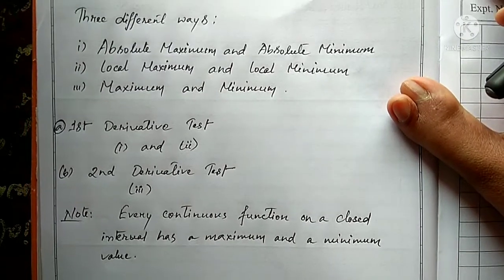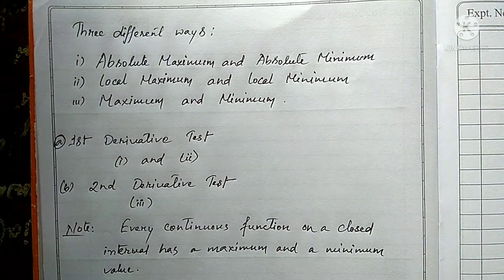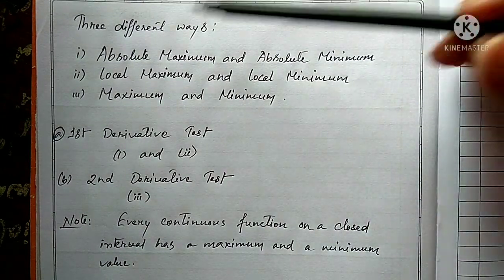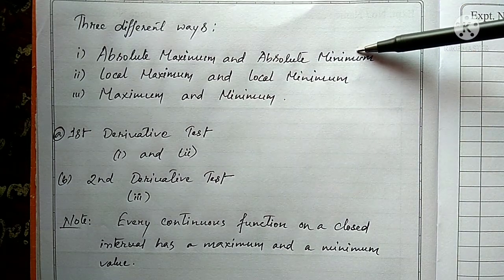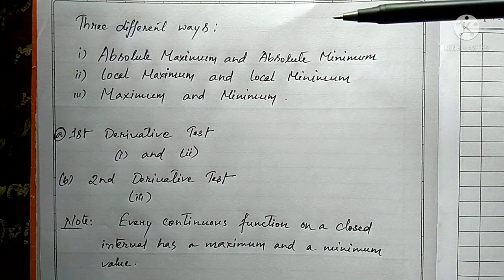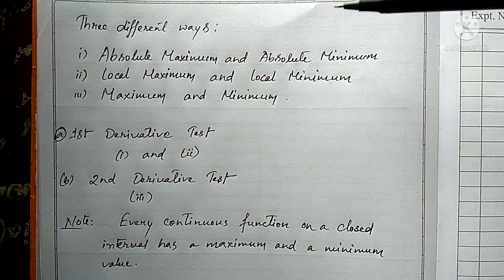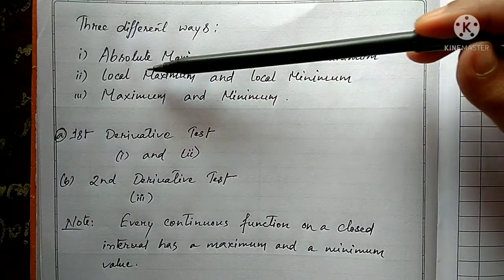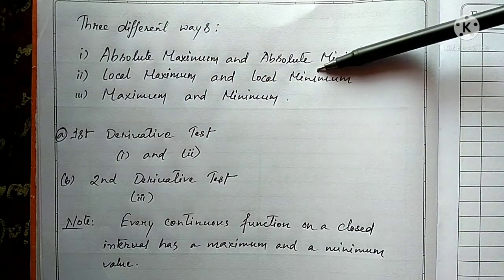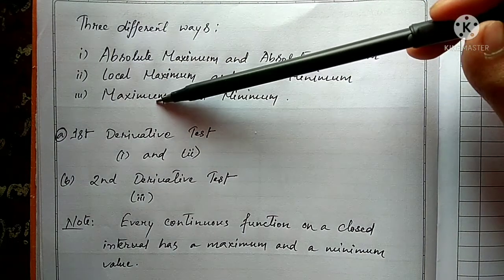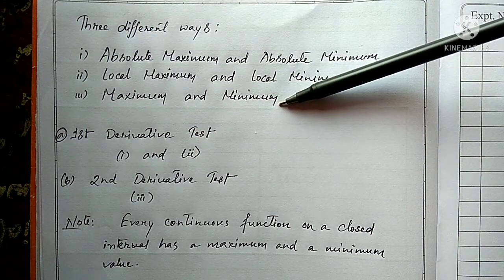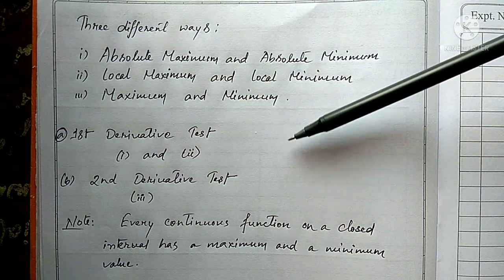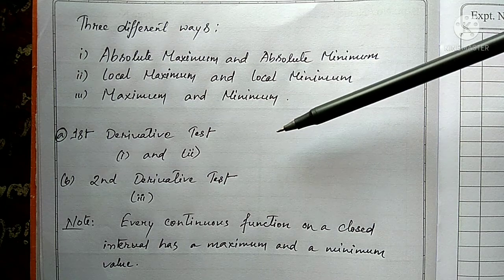The first one is absolute maximum and absolute minimum, the second one is local maxima and local minima, and the third one is simply maximum and minimum. Through these three methods we can find out the maximum value and minimum value.